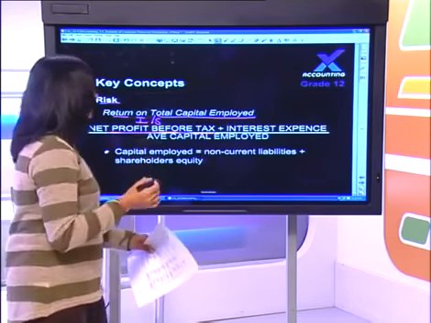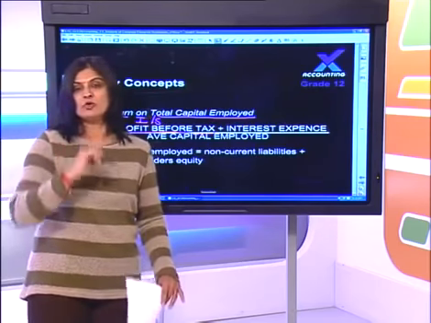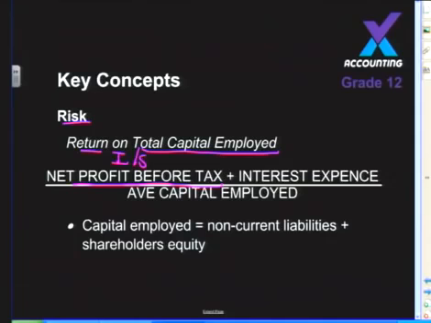So you're going to get your information from your income statement or from your balance sheet or from your cash flow statement at times. So net profit before tax is my income statement. To this, I'm then going to add interest expense, which I get from also my income statement.